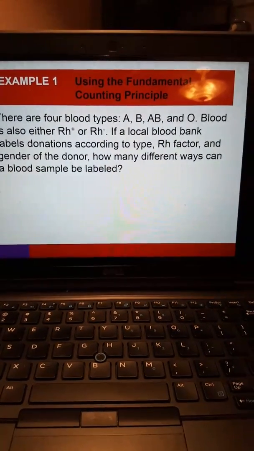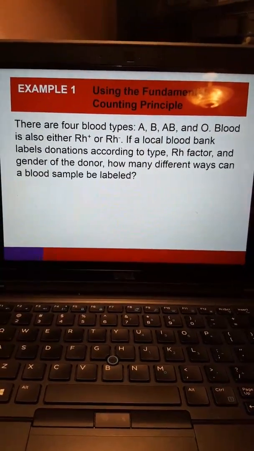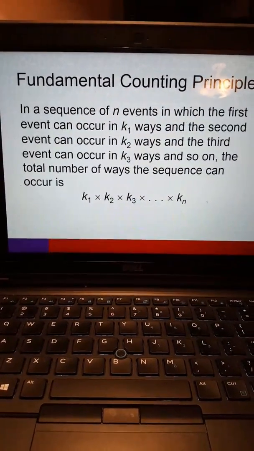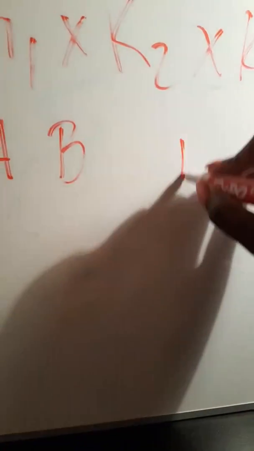Okay, so just like before, and I'm going to try to hold this camera, I'm sorry, and draw on this whiteboard. Just like before, we just saw K1 times K2 times K3 and so forth. In this case, they told us we're working with A, B, AB, and O. So these are the 4 blood types that we're working with.